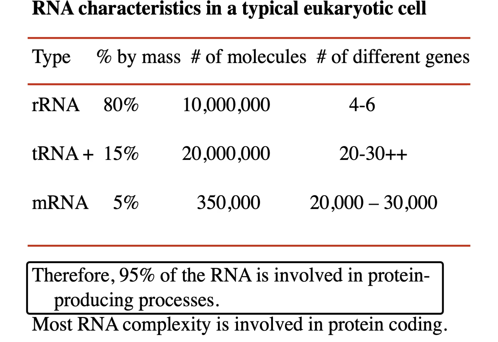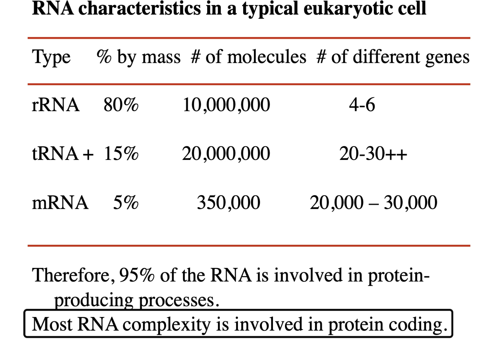So then about 95% of the RNA in a cell is involved in the protein producing processes, as well as somewhat in expression of those mRNAs. But 5% is in the mRNA, and that's where all of the, or most of the diversity in a cell comes from.